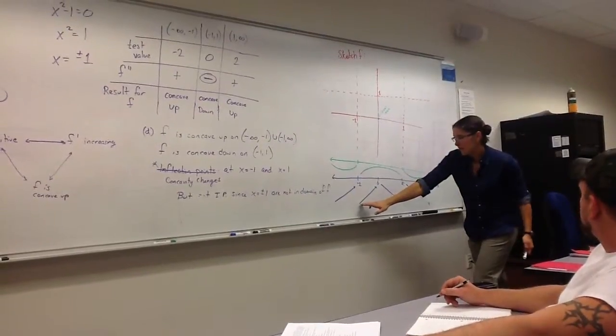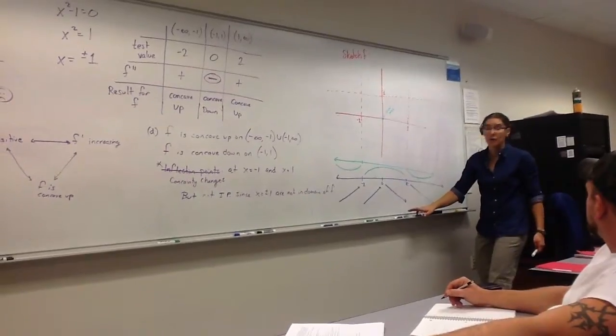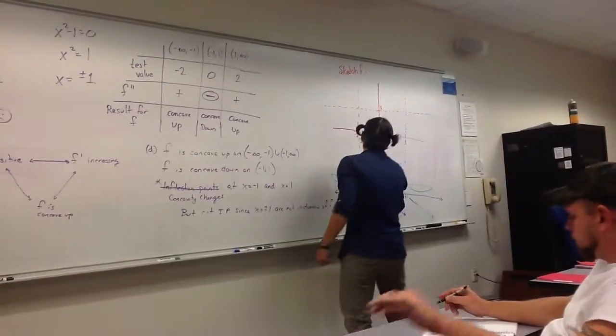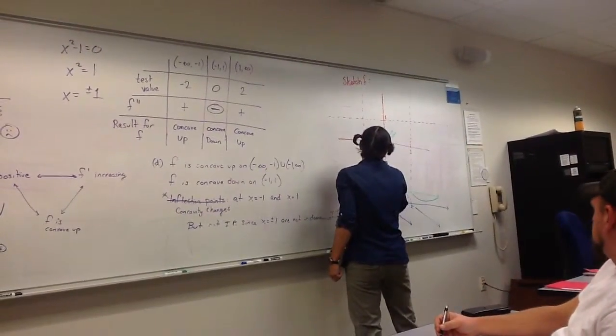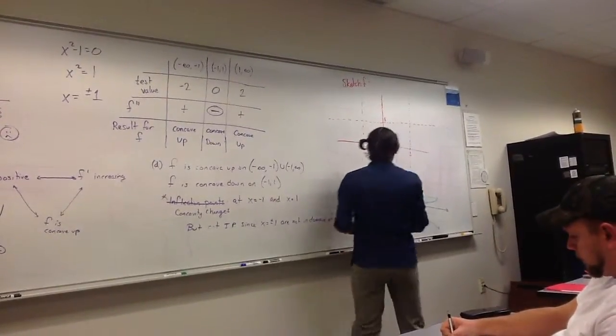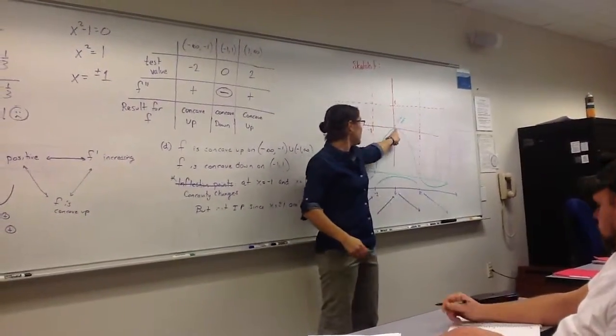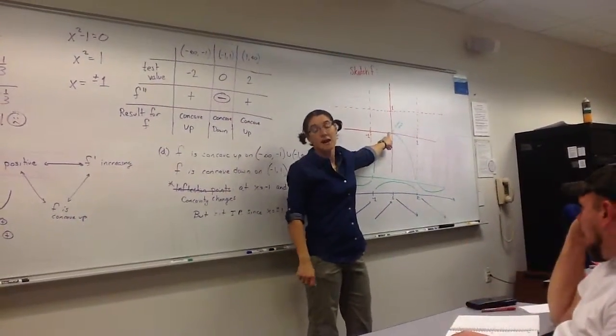On the first half of this interval, f is going uphill, and then at the second half going downhill. So I suspect that what this is going to look like is a picture something like this in the middle. Our function is concave down. The top of the hill occurs at x equals 0.